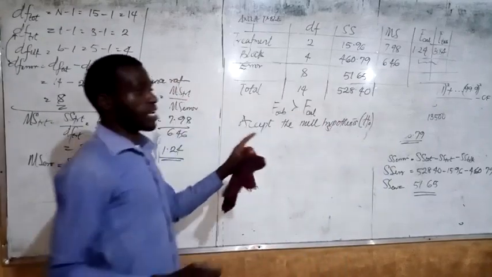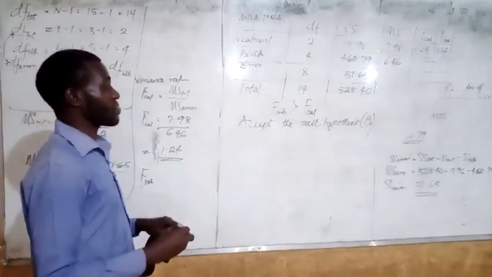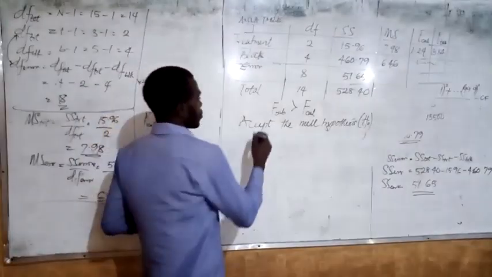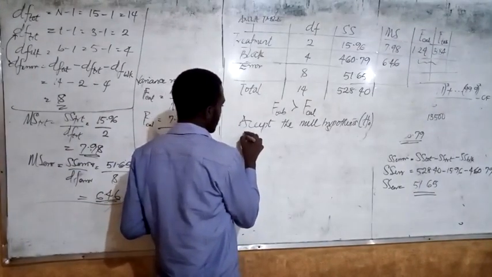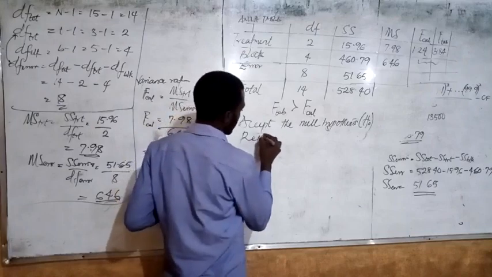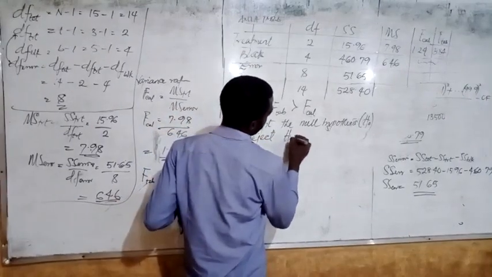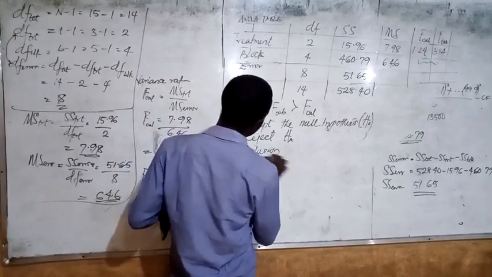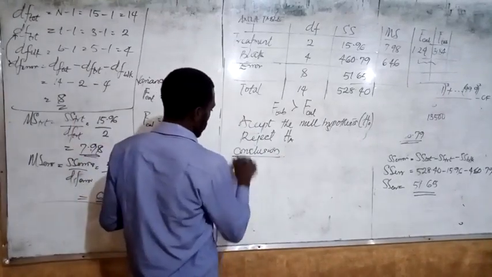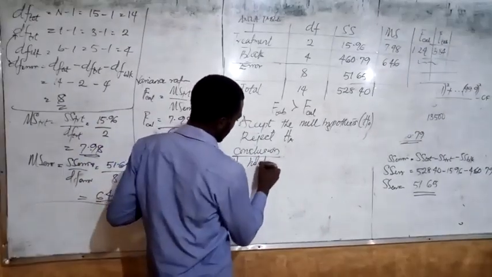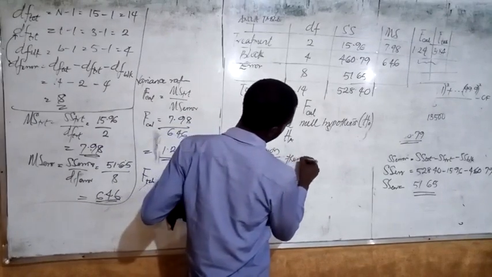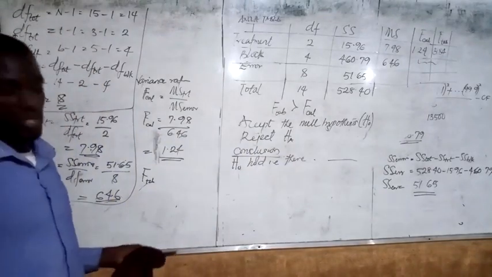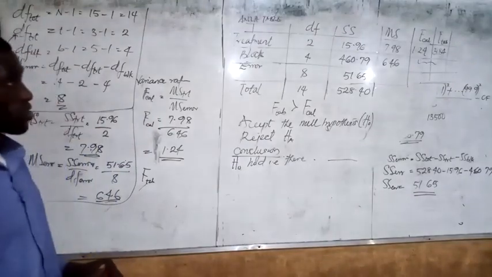Please, if this place is not clear to you, check back the video I made on CRD so that you can be clear on what we mean by accepting or rejecting a hypothesis. Because we have accepted the null hypothesis, it means that we reject the alternative hypothesis. So our conclusion will be that H0 holds. That is, there is no significant difference between the varieties of tilapia, because that is the only thing we have to test for. Alright, and that brings us to the end of this video.